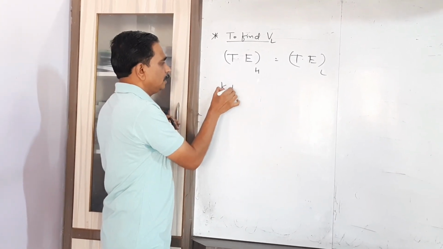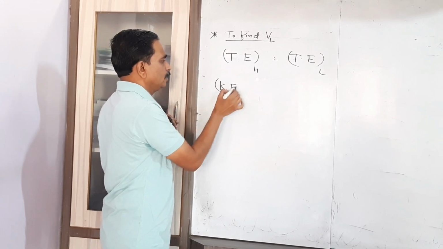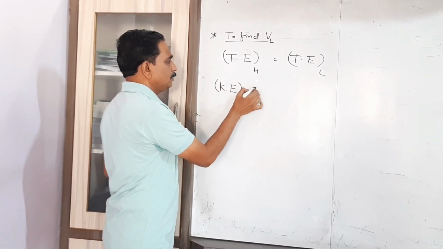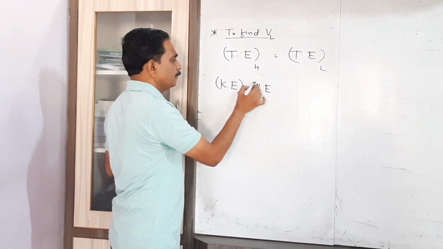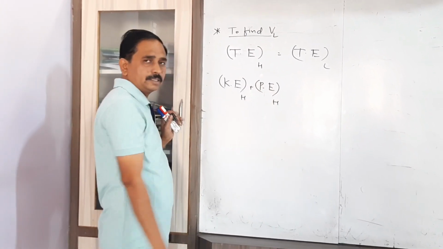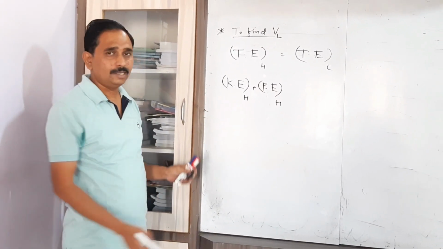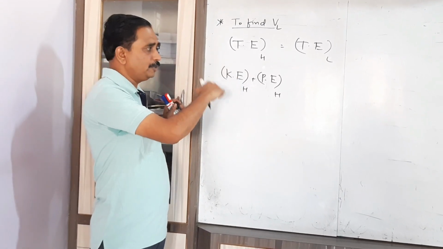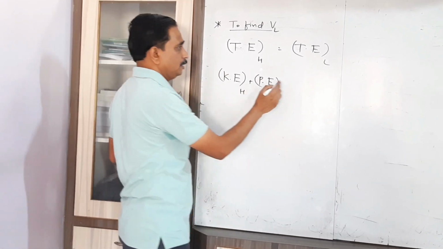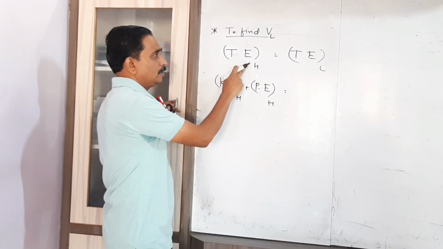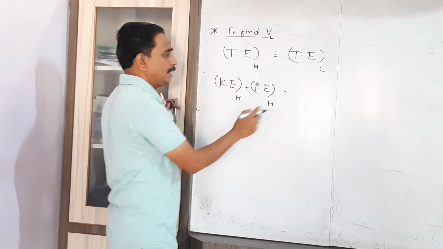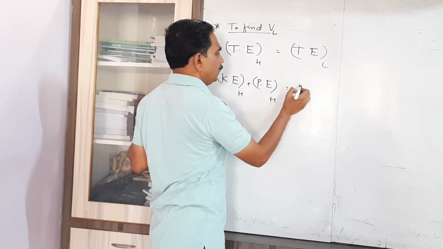In vertical circular motion, the body possesses two types of energy: kinetic energy because of its motion, and potential energy due to change in its position. So I write here, total energy is the sum of kinetic energy and potential energy.